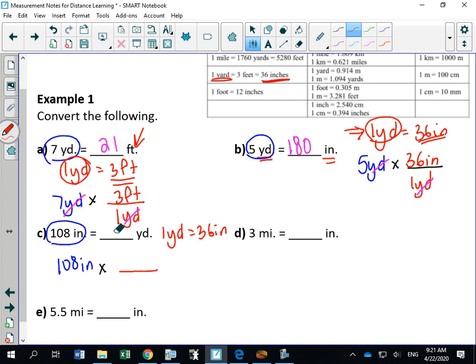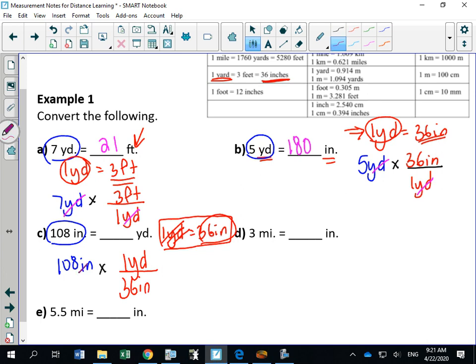What I want, in this case, is yards, so that is the one that goes on top. So 1 yard has to go on top from my conversion. If the 1 yard goes on top, that means the 36 inches goes in the denominator.